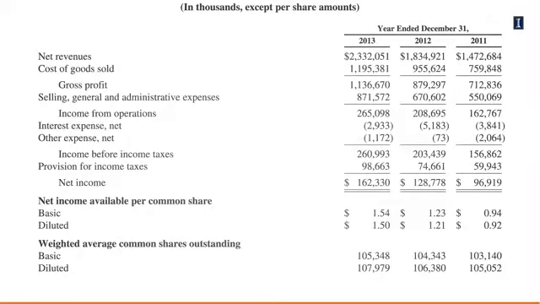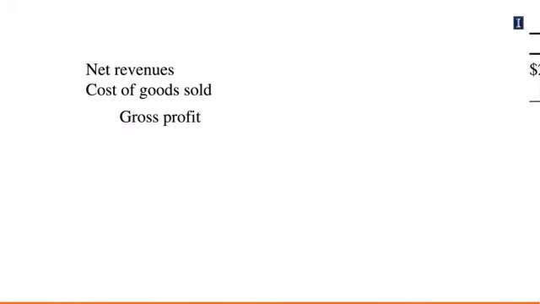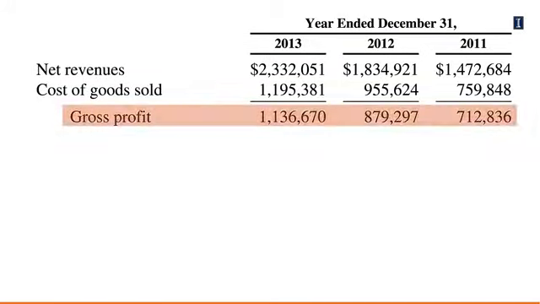Let's take a look at the simple income statement from the apparel manufacturer Under Armour to see how it's organized. The first line item you see is an item called revenue, or net sales. Then you see something called cost of goods sold, or cost of sales. Notice that the cost of goods sold is subtracted from revenue to arrive at gross profit.